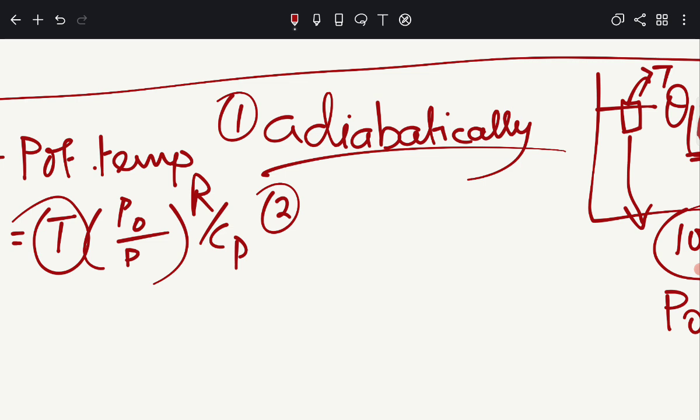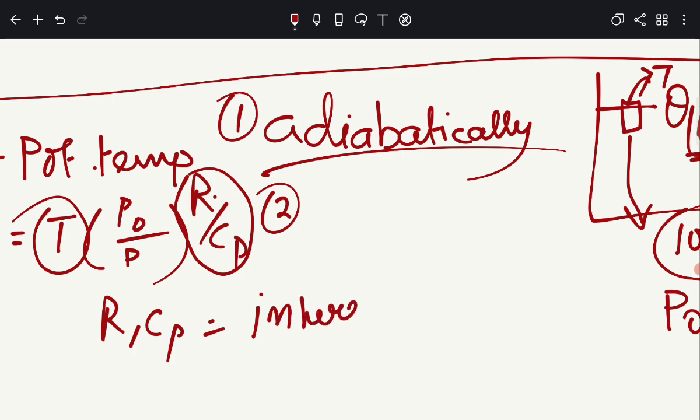Then what we have with us is another quality of the air mass: the gas constant. We will not go into detail, because defining the gas constant would take a long time. We can just say this is an inherent property of the fluid.